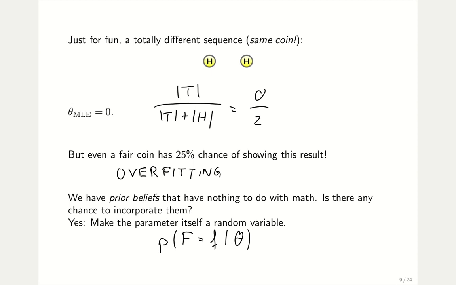And now we can have distributions over thetas, and we can incorporate this notion of, okay, a fair coin is still probable or still possible. And this might help preventing the overfitting. And we will have a closer look at this technique now.